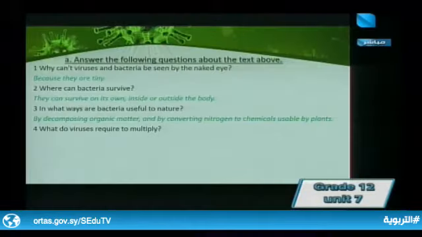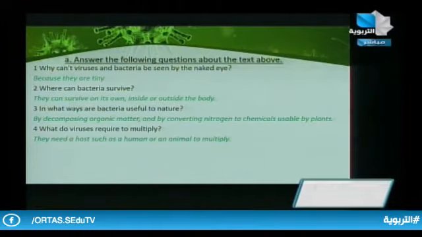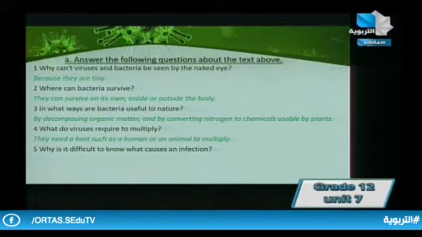The answer is they need a host such as a human or an animal to multiply, and this is the main difference between bacteria and viruses. Number 5, why is it difficult to know what causes an infection? The answer is because viral and bacterial infections can cause similar symptoms.